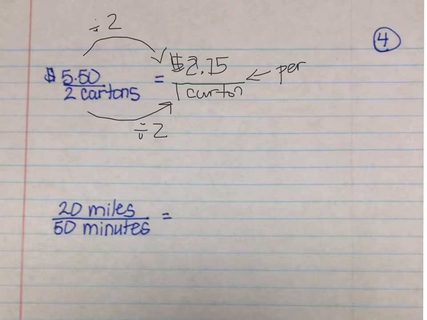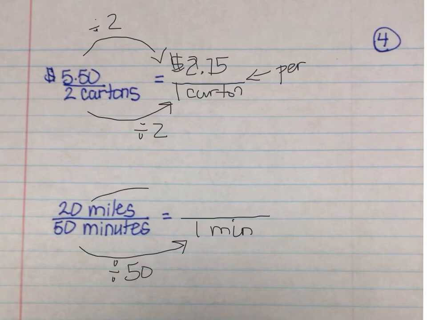Our next one is 20 miles per 50 minutes. Okay? So how far can we go in 1 minute? We need the unit rate. How far are we going per minute? Okay, so to do this, we had to divide by 50.